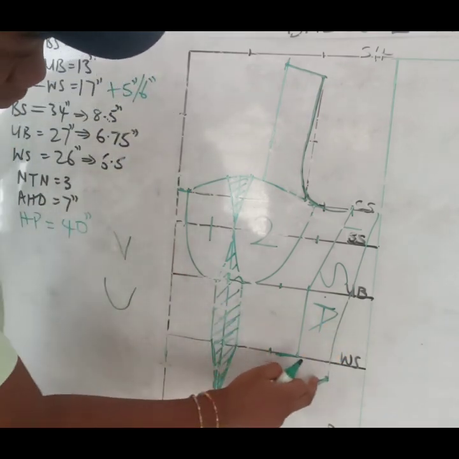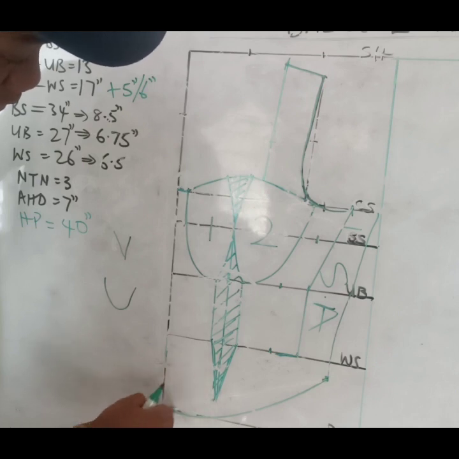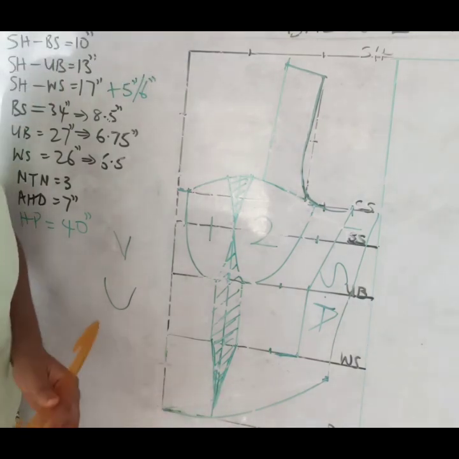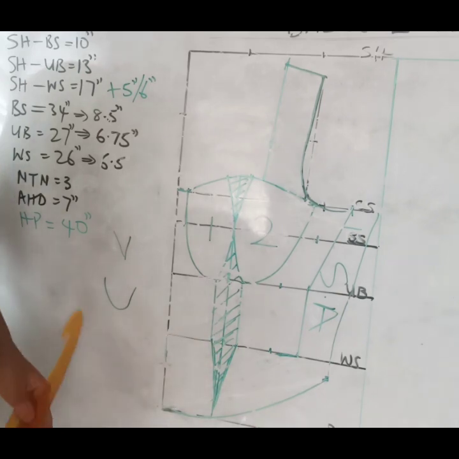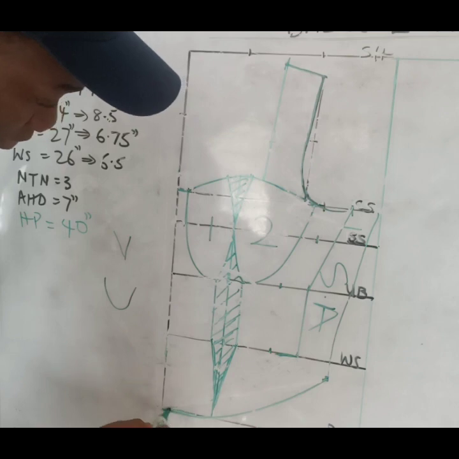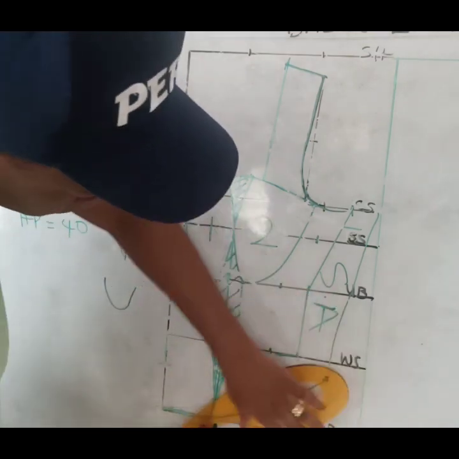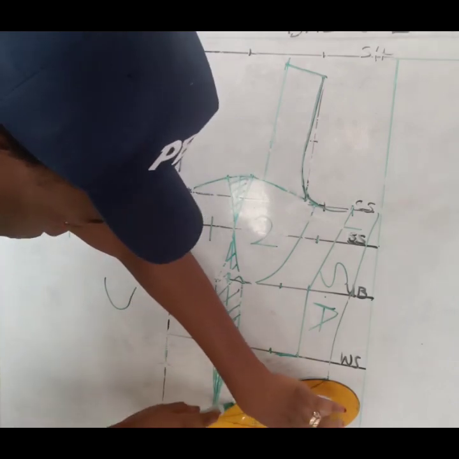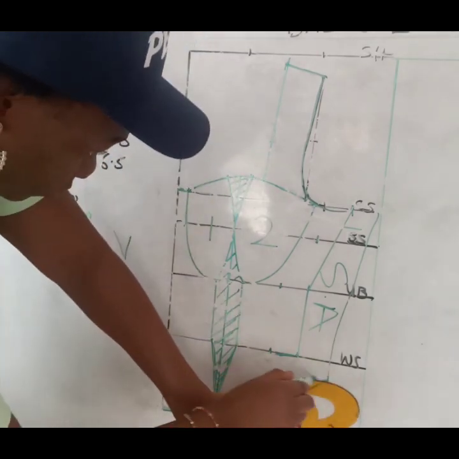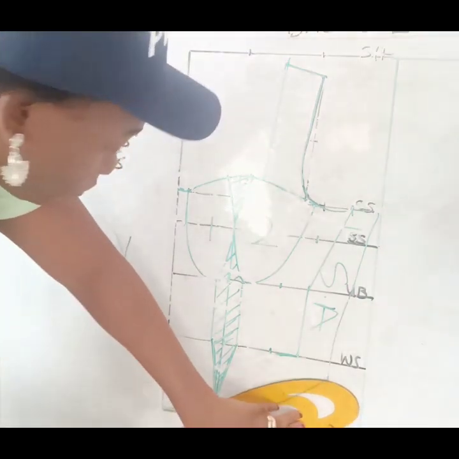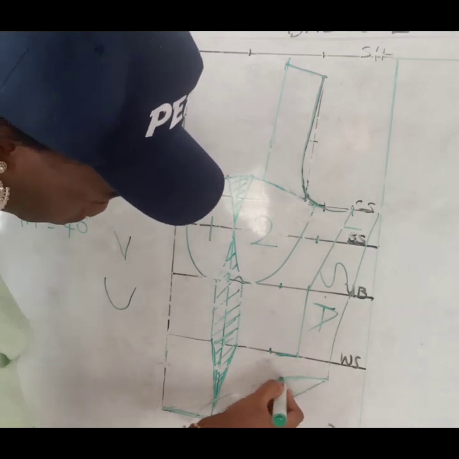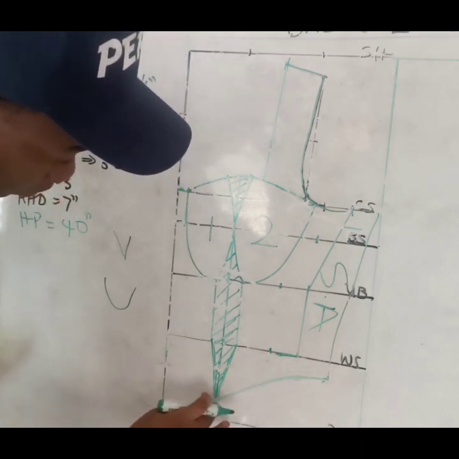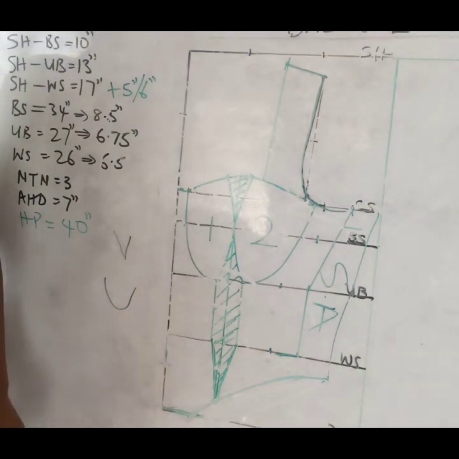Whichever way, just extend the dart down, and if it is the other one, the square type like this, that is how the dart will end.